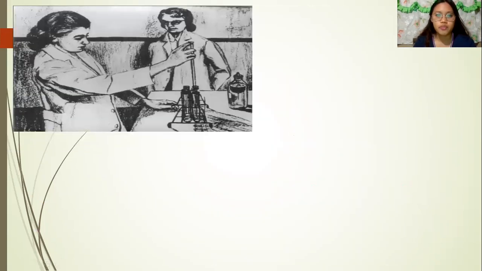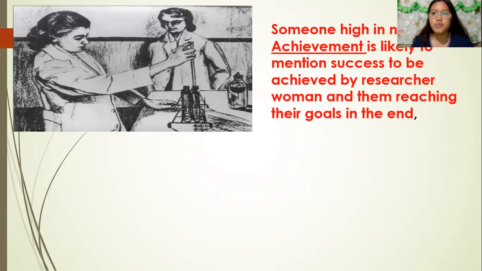So this one. By looking at the theory of Murray, which is the needs theory, sabi niya meron daw tayong needs for achievement, needs for power, and needs for intimacy. So, for example, the respondent, or the person answering the test, someone high in need for achievement is likely to mention success to be achieved by the researcher women and then reaching their goals in the end.